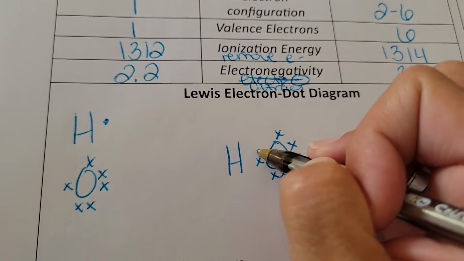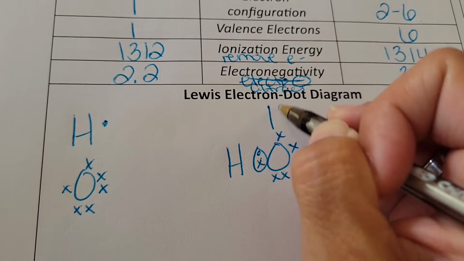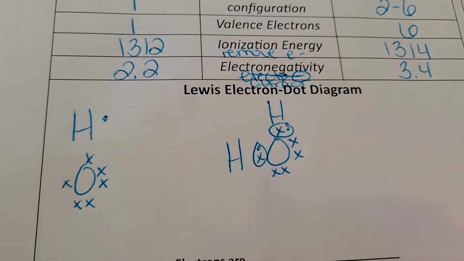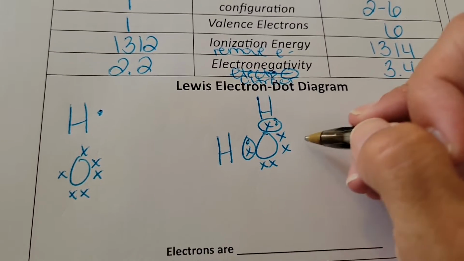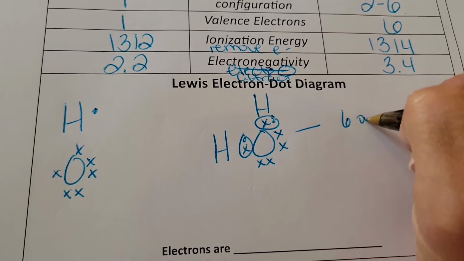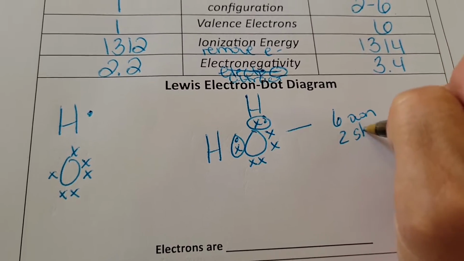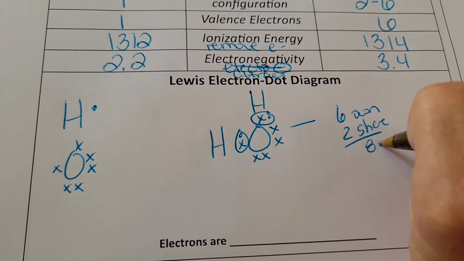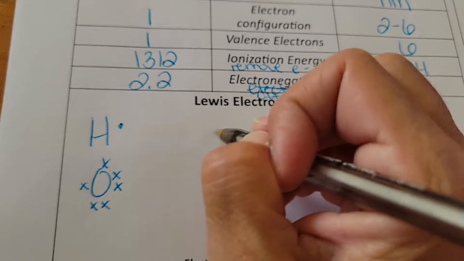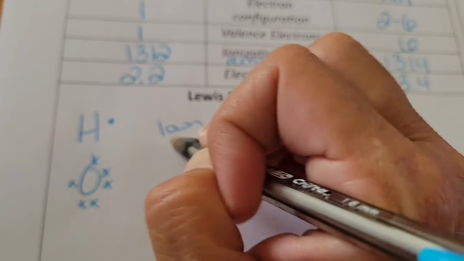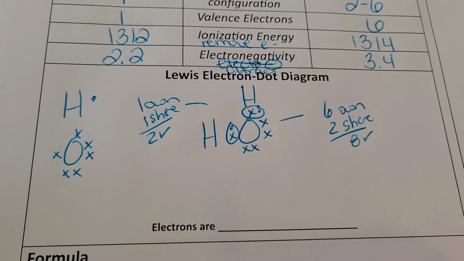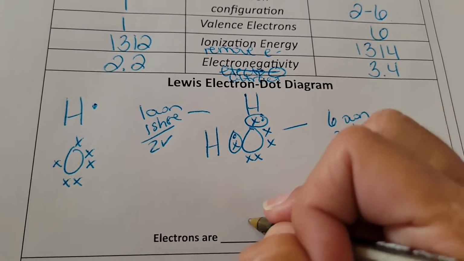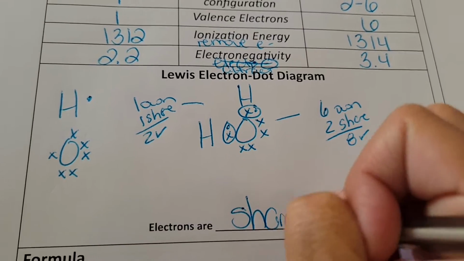If we have a hydrogen here that they share and a hydrogen here that it shares. So now the oxygen has 6 of its own and 2 that it's sharing, so that gives it its 8. And the hydrogen has 1 of its own and 1 that it shares, so that gives it its 2. Remember, it's not big enough to have all 8. And the electrons are being shared.